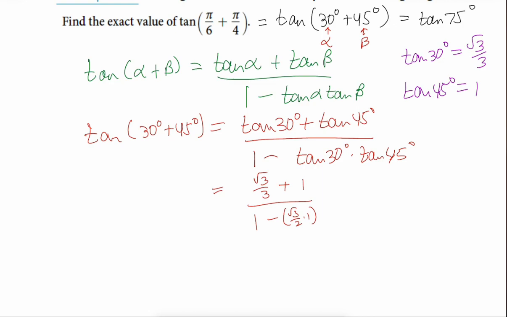If we reduce that down a little bit, you get radical 3 over 3 plus 1 over 1 minus radical 3 over 3. Radical 3 over 3 times 1 is radical 3 over 3. You can't do big C over little c. You have to have a fraction over a fraction. We have multiple pieces. So let me show you how to fix this.